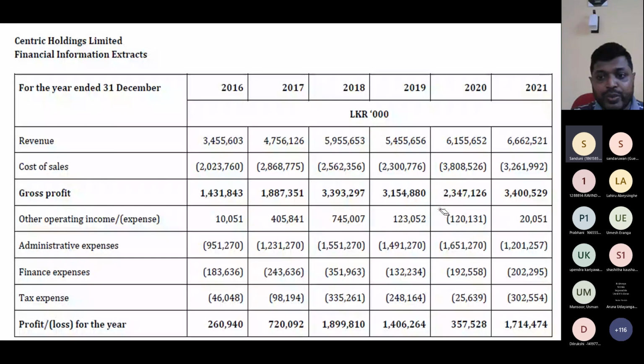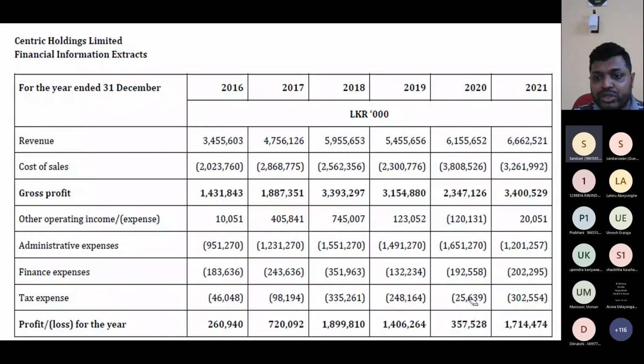Administrative expenses, you can see there are some increases in some years and some decreases in 2021 as well. While we are doing the analysis, you can identify what might be the reason for such significant variances. Finance expenses they have incurred, that means they have borrowed. Then tax expenses, look at this year.